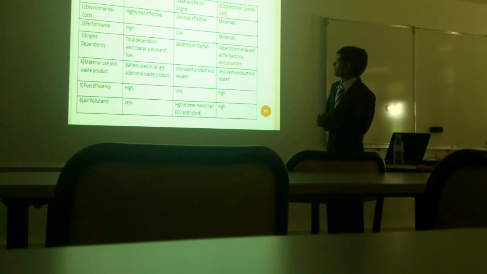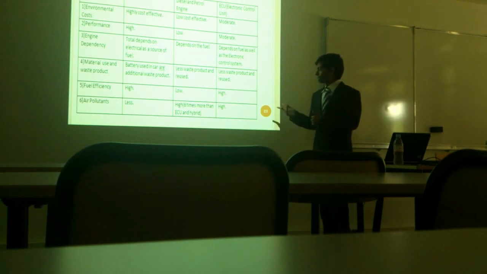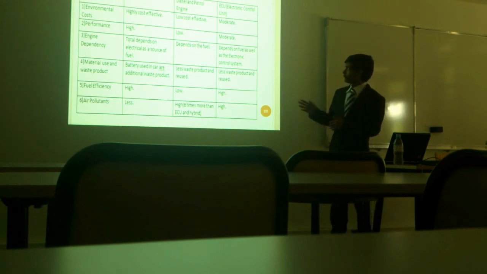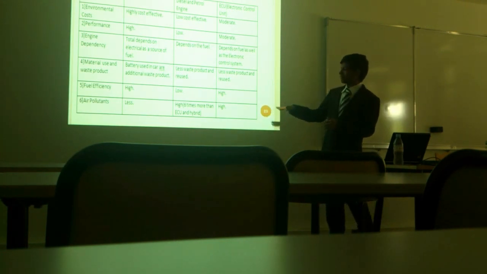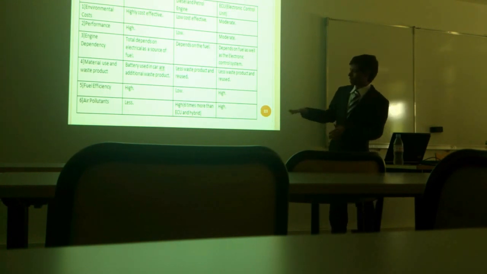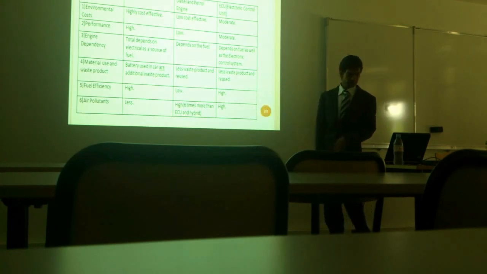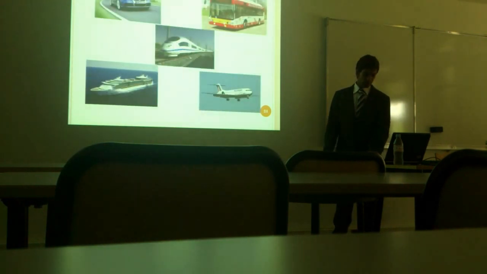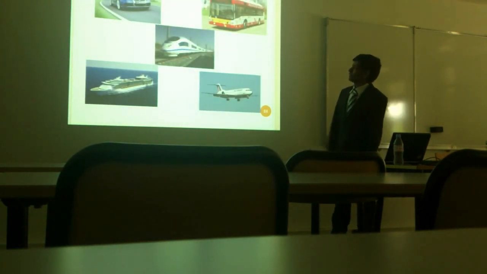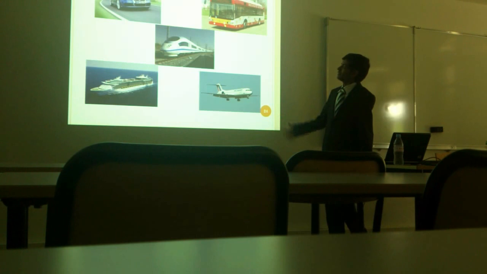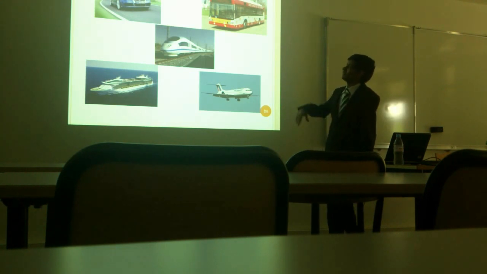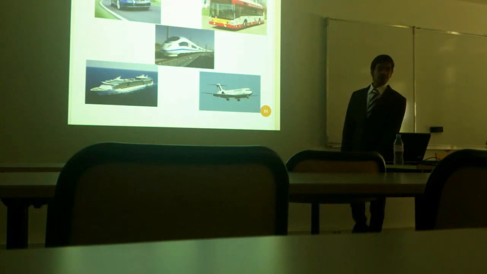The electronic control unit controls the flow of fuel inside the engine, so we can say it is low air pollutant; compared to the hybrid engine it is higher, but compared to the diesel and petrol engine it is low. So these are the applications where we use hybrid engines, petrol and diesel engines, and other mechanical engines.